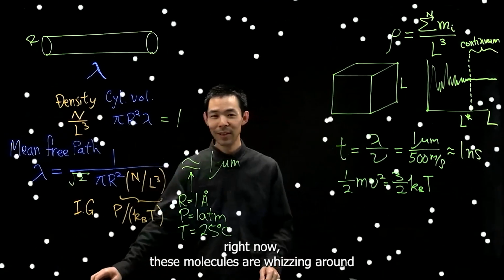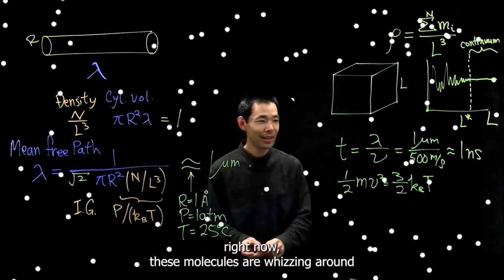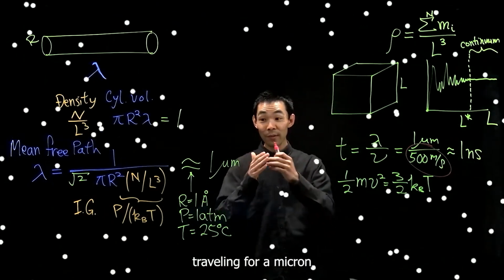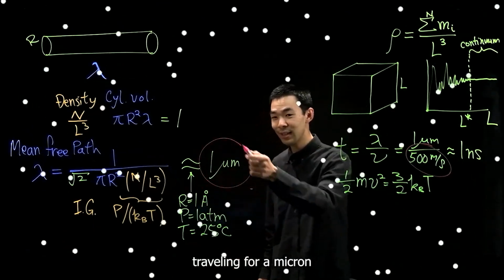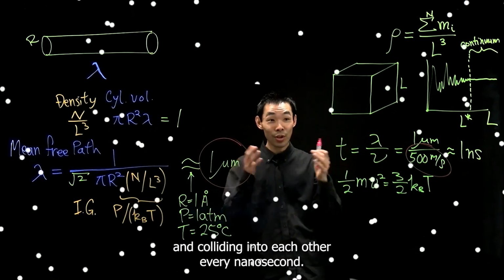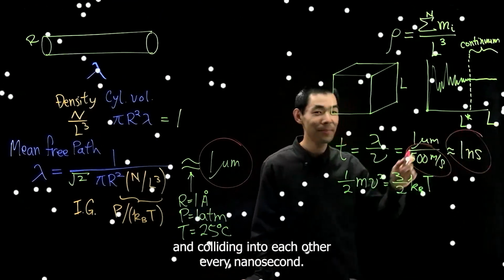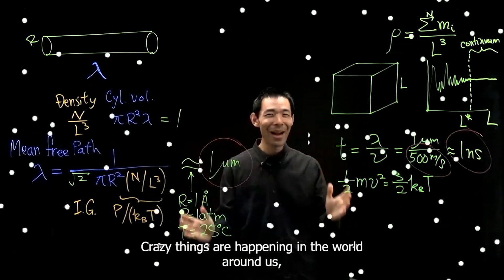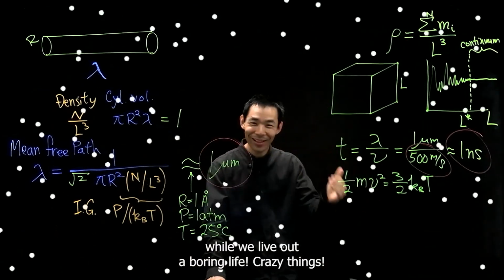These molecules are whizzing around at 500 meters per second, traveling for a micron, and colliding into each other every nanosecond. So crazy things are happening in the world around us while we live out a boring life.